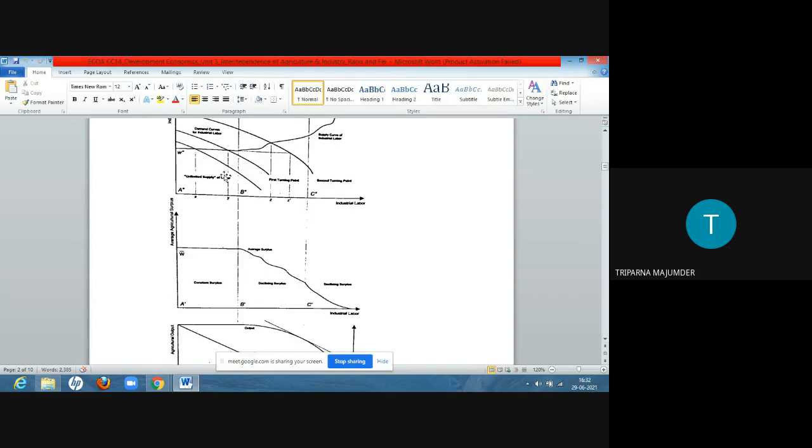This creates a perfectly elastic labor supply curve in this phase. This is a horizontal line emanating from this point, W star.